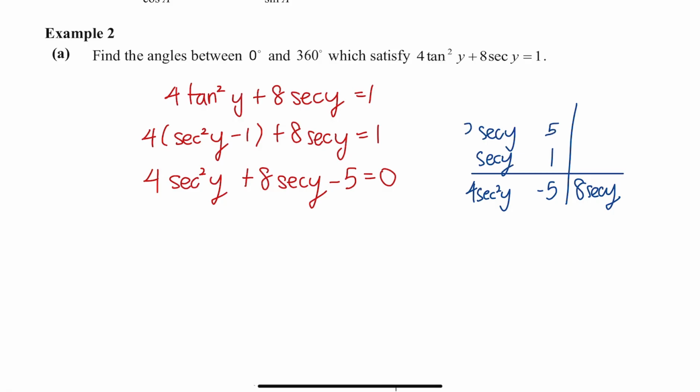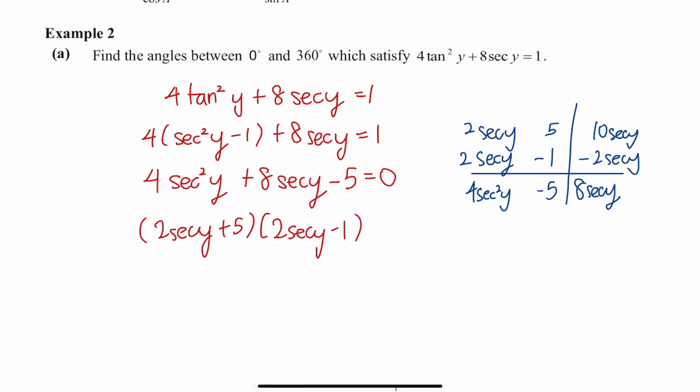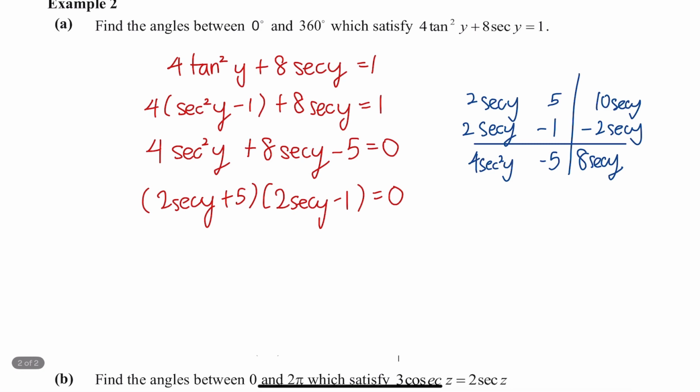To get 8, I should have 2, 2, 10 secant y, 2 secant y. The minus should go here. So I will get 2 secant y plus 5 times 2 secant y minus 1 equals 0. This means that 2 secant y plus 5 is equal to 0, or 2 secant y minus 1 equals 0.